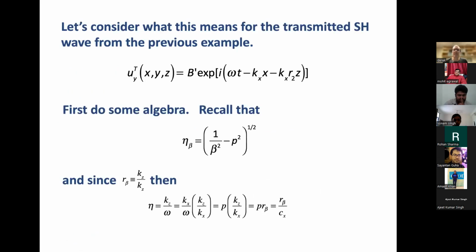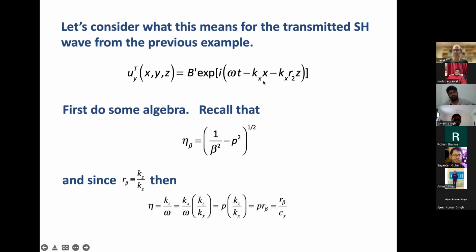So let's consider what this means for a transmitted wave from the reflection. Here's the formula that we use for a transmitted SH wave. We have an amplitude B prime times e to the i times these parameters.